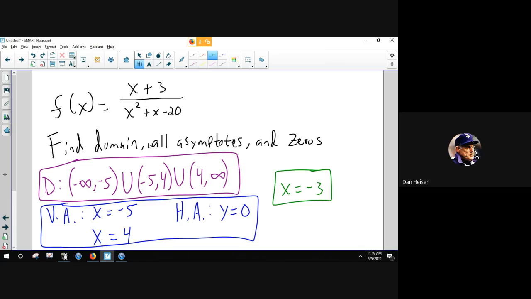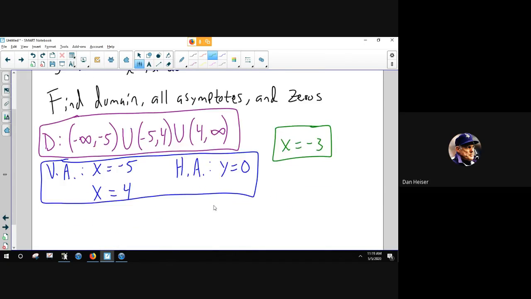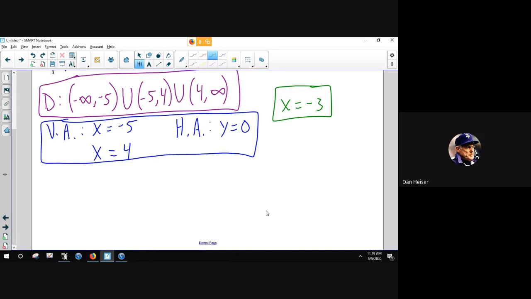From all of this information, we can sketch the graph of this function. And by sketch, I mean we can get a kind of good enough picture. This is by no means a perfect picture, but it's a good enough picture. So here's negative 5, here's positive 4. Our function cannot cross those.